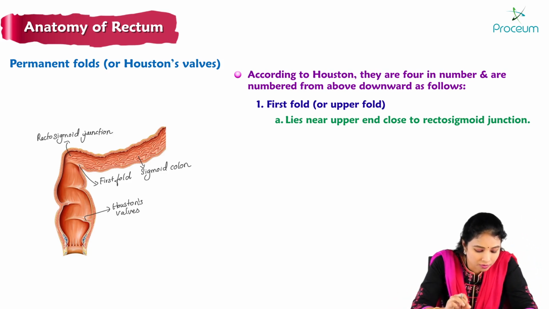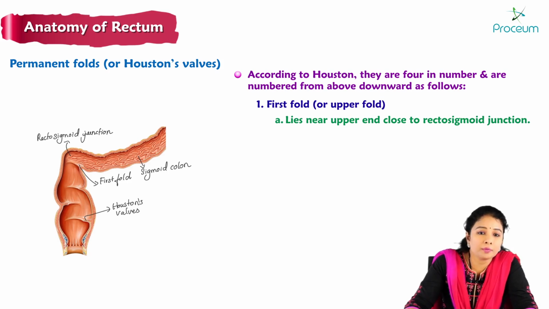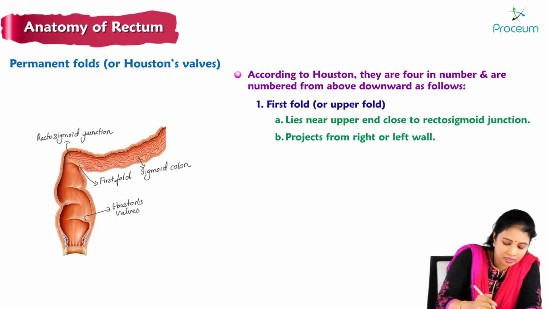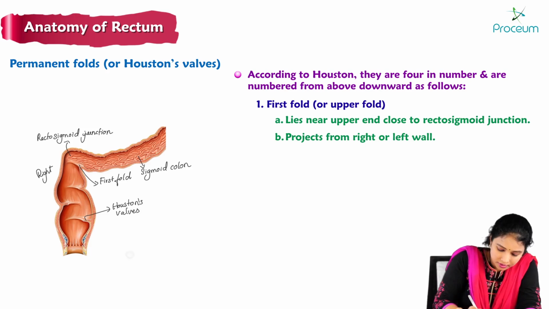It is located at the recto-sigmoid junction. It projects from the right or left wall, so it is not constant in position. It can be from the right side wall or left side wall. So this side is the right side. This is the left side.